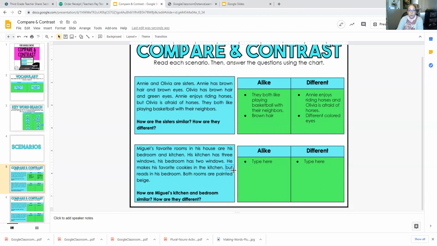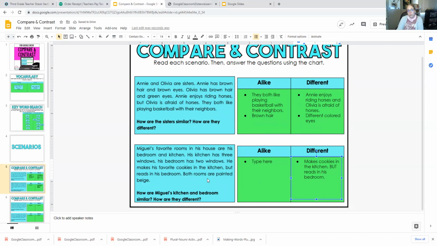Exactly, we have a but there. He makes his favorite cookies in the kitchen, but reads in his bedroom. So that is different. Okay.